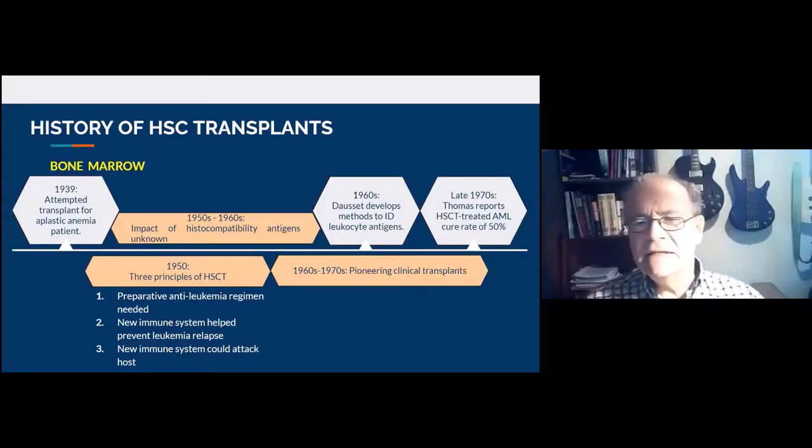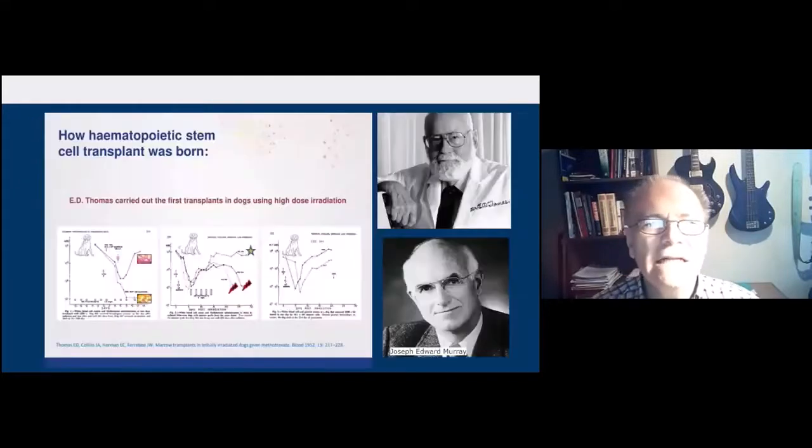During the 70s, pioneering clinical transplants began. Donald Thomas, who is one of the pioneers in stem cell transplantation at the Fred Hutchinson Center in the United States, developed the first cure in acute myeloid leukemia in the 70s, and he received the Nobel Prize in 1990 for his work.